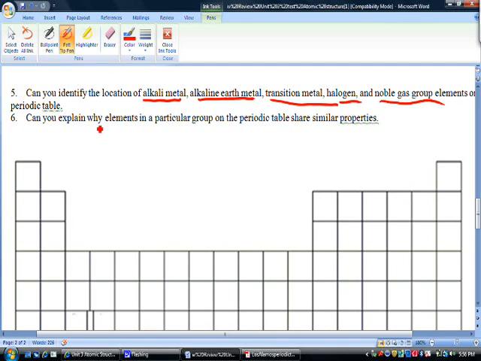And can you explain why elements in a particular group on the periodic table share similar properties? You may remember that that has something to do with their electron dot structure.